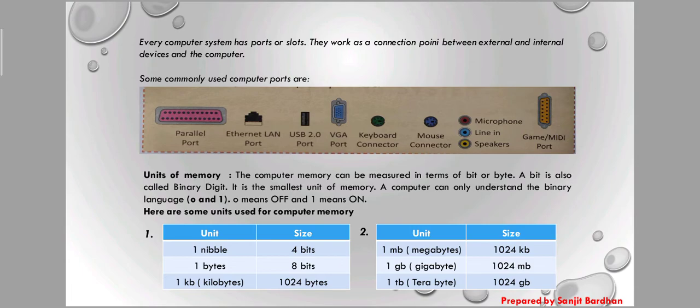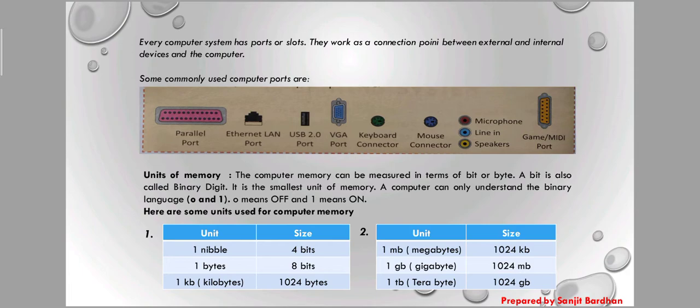USB 2 port: we can connect the USB, that means a pen drive, here. We use the USB 2 port to connect the pen drive into the computer. Next is the VGA port. Next is the keyboard connector and mouse connector. These are the connectors we can use to connect the mouse and keyboard to the CPU. Then the microphone line connector and speaker connector.